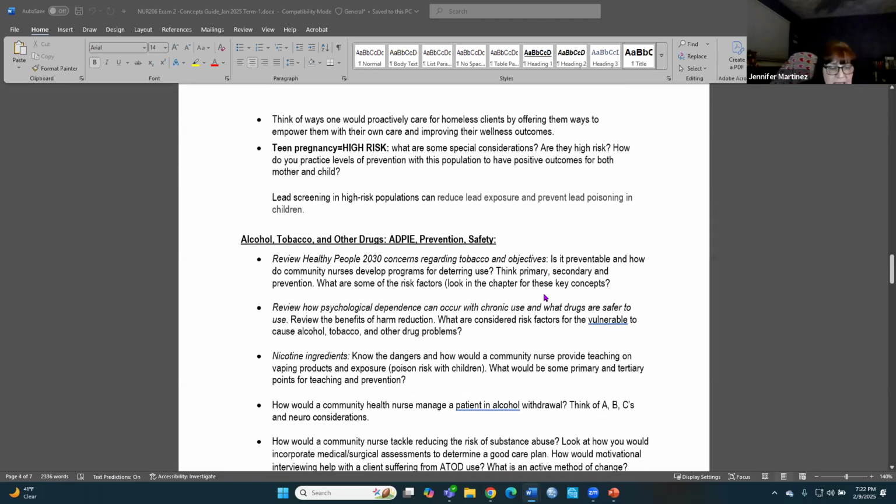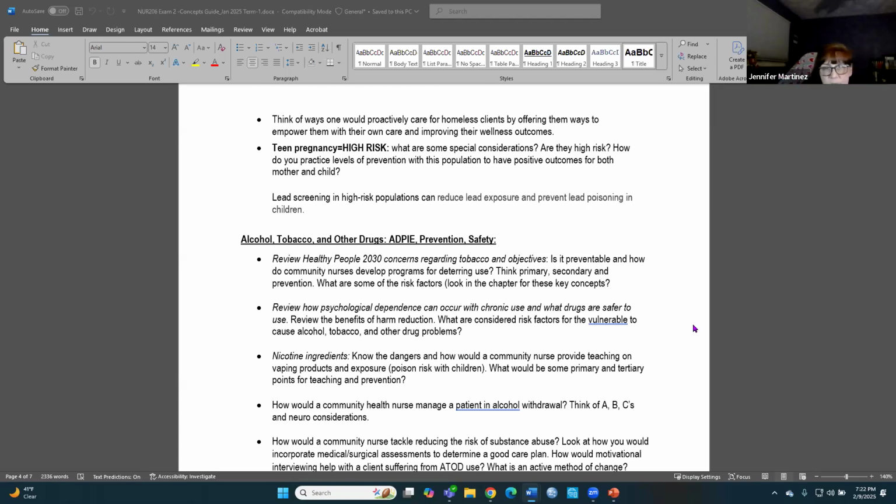And then when we look at alcohol, tobacco, and all of those other products, we want to look at the Healthy People 2030 goals for alcohol, tobacco, and drugs.